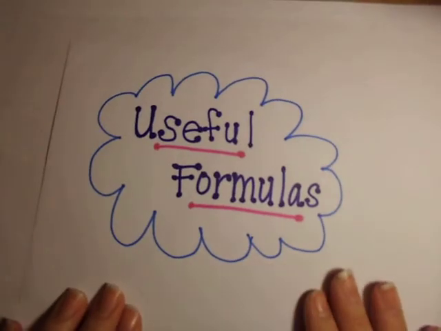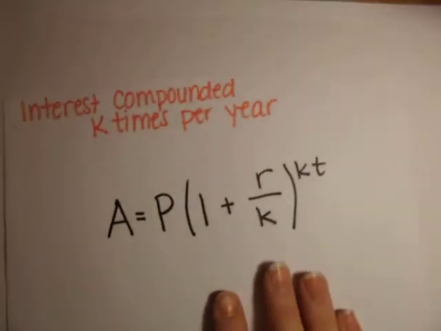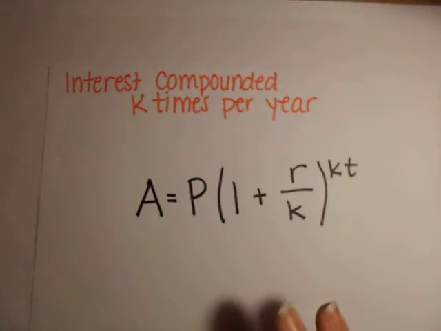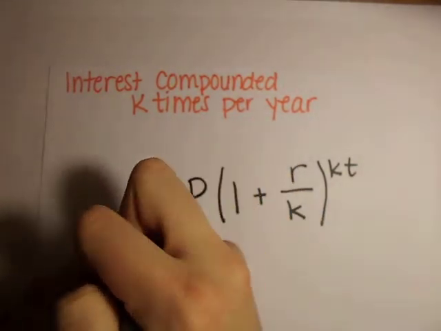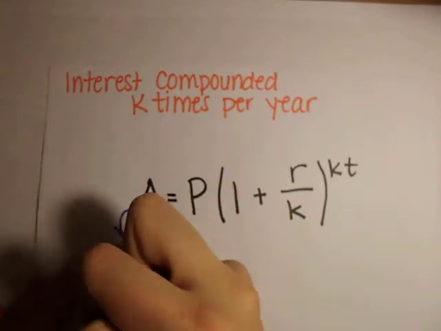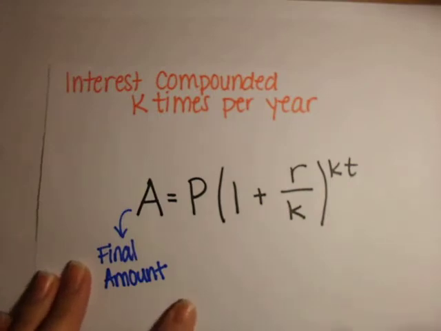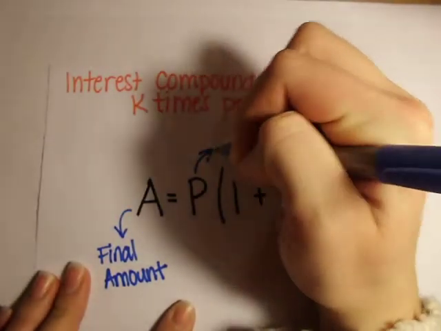Now let's look at some useful formulas. Our first one is for interest compounded K times per year. Here, our A is our final amount. Our P is our principal amount, or the amount you start with.